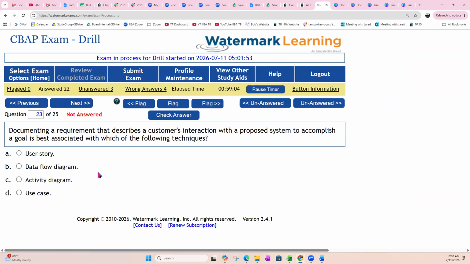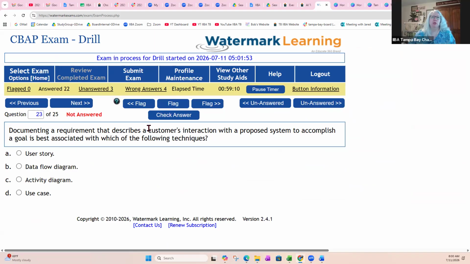Question 6. Okay, documenting a request that describes a customer's interaction with a proposed system to accomplish a goal. So this is kind of the definition of the technique. Is best associated with which of the following techniques? Is that a user story, a data flow diagram, activity diagram, or a use case?